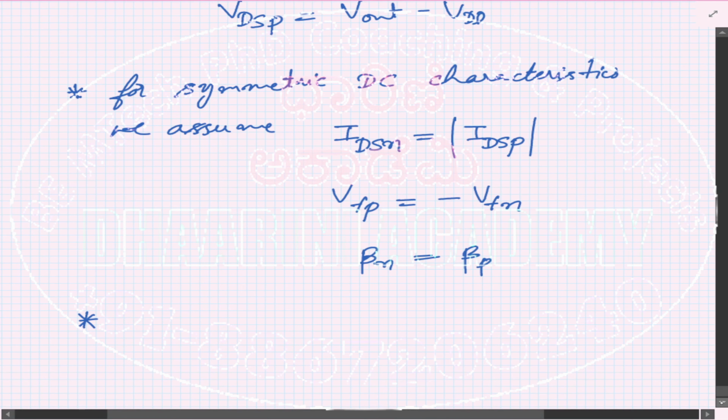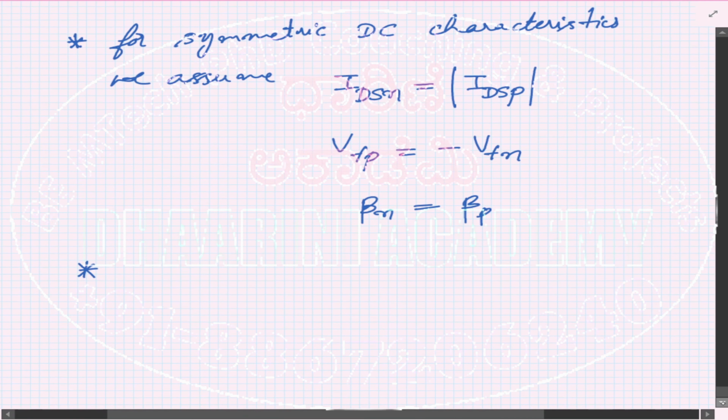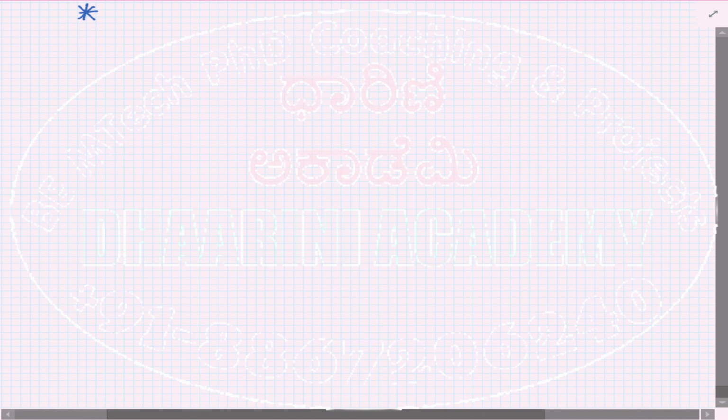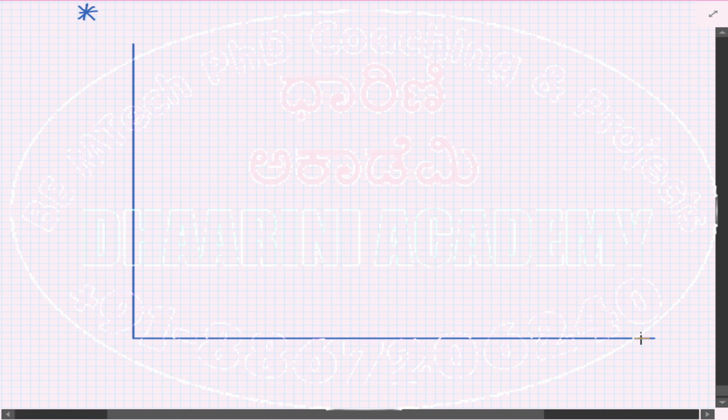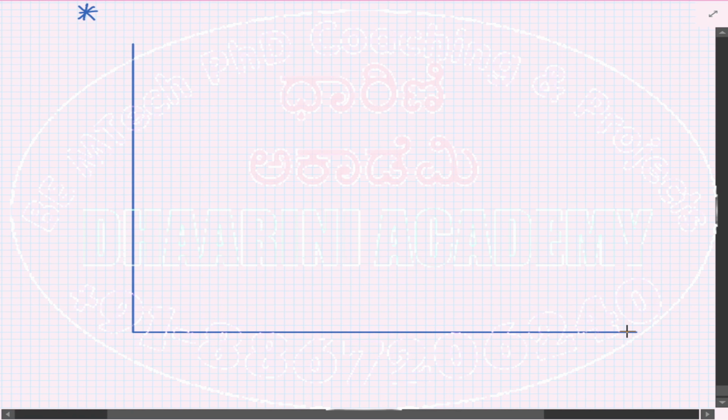Directly, let me write the curve. On one axis we are trying to plot the V in values, and the other will be V out.